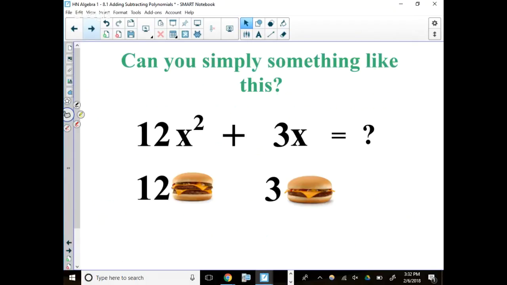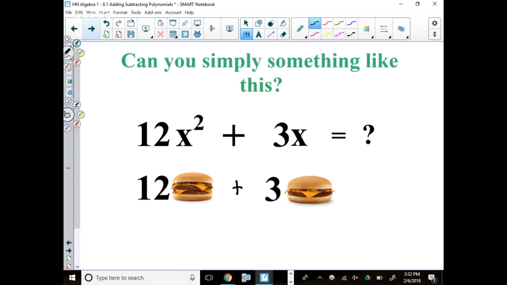So this is like saying you have 12 double cheeseburgers, and then you're going to add 3 single cheeseburgers. So if I were to ask you this, would you be able to combine and say, oh, well, I have 15 something, right? You can't really say you have 15 double cheeseburgers or single cheeseburgers.